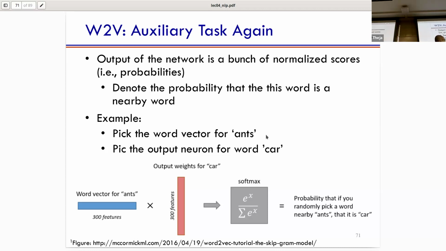Then there is a subsequent computation where we are only looking at the coordinate corresponding to car. To get that number, an appropriate column is picked. There's a row coming in, an appropriate column getting multiplied with it, and one number is produced. Let's say that column is for the word corresponding to car.